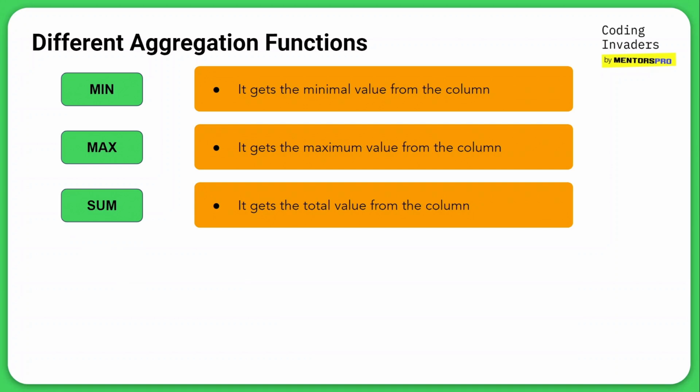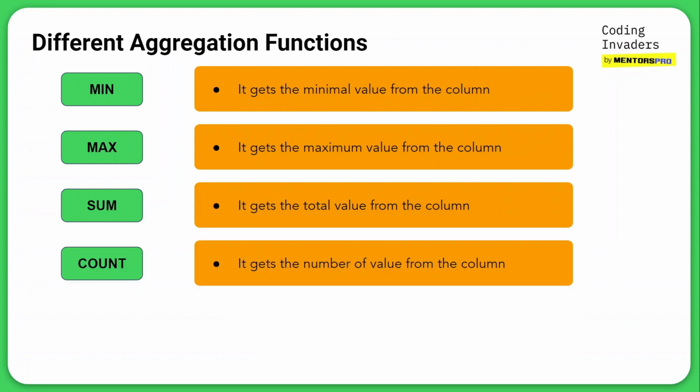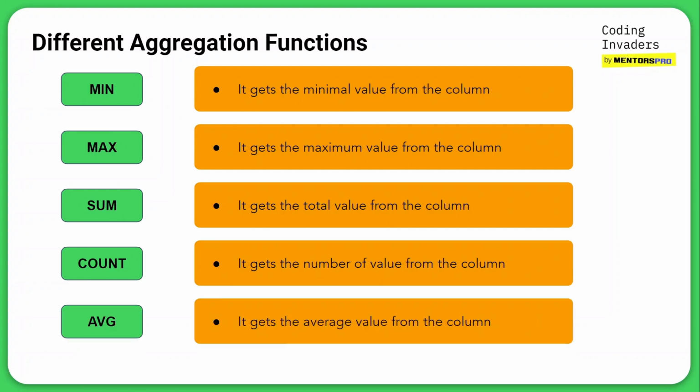Sum aggregation function is used to get the total value or the sum of the values in the specified column. Count aggregation function returns the count of the number of data values. Average, that is AVG, returns the average value from the column. In the next lesson, we will learn how to use the aggregation functions along with the group by clause.